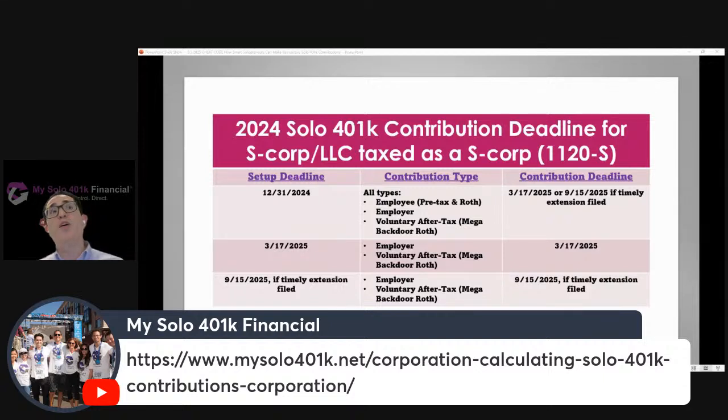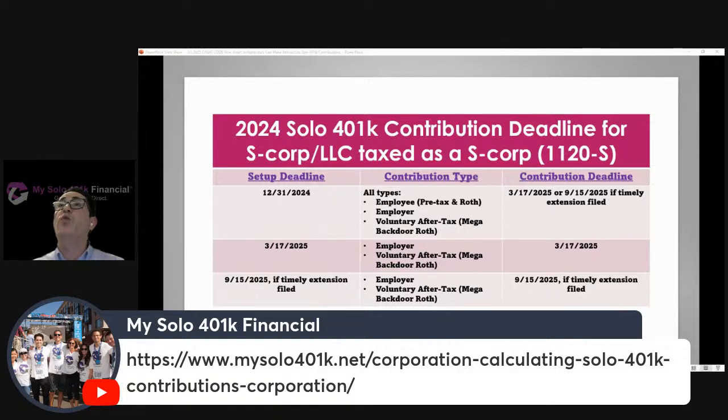So if my math is right, that'd be another $44,000. Now that would first need to be deposited into the after-tax account before it gets moved over to the Roth account. So at the end of the day, they have $25,000 in their pre-tax account that was for that employer contribution, and $44,000 in their Roth account, which was for that mega backdoor Roth contribution.